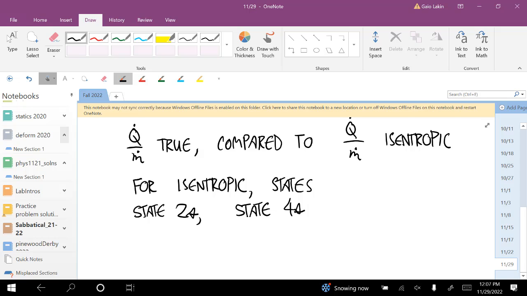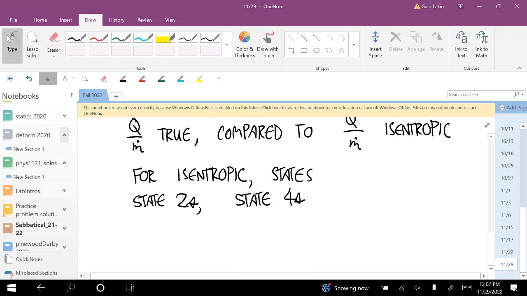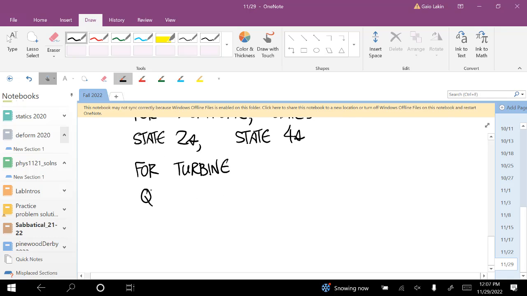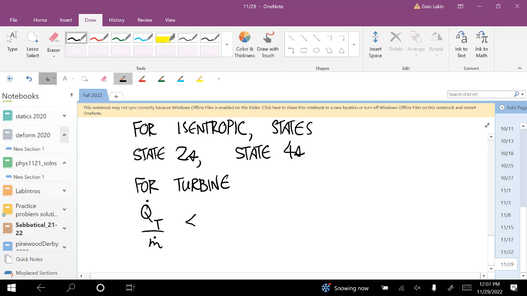And so notice that for the turbine, Q dot over M dot has to be smaller than, say this is the true one, has to be smaller than Q dot over M dot isentropic.